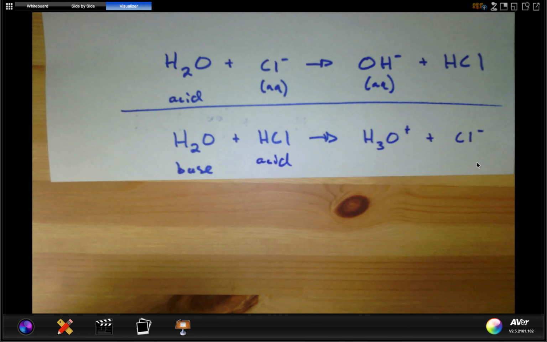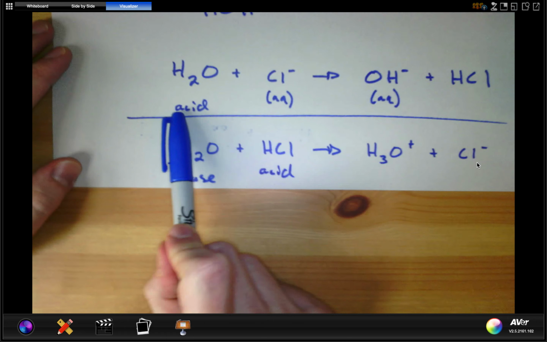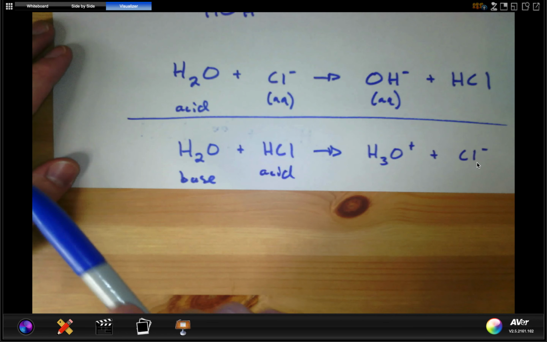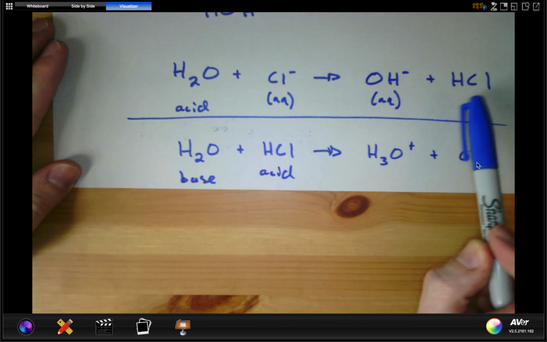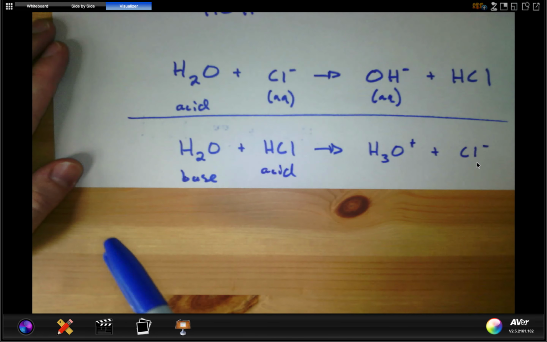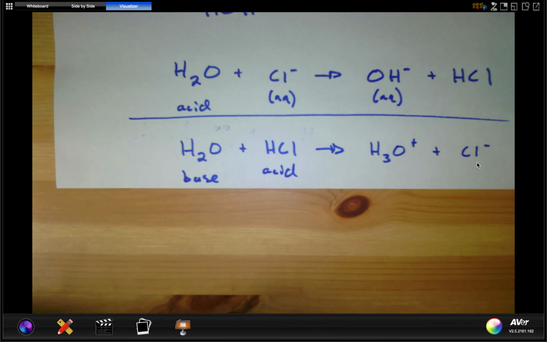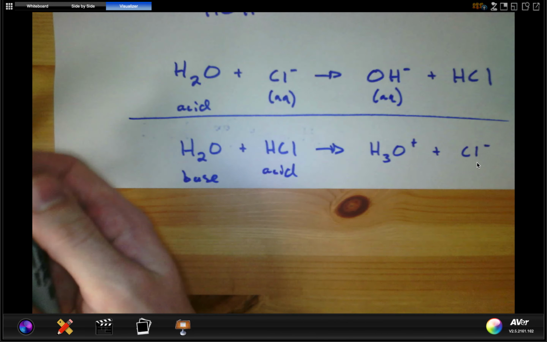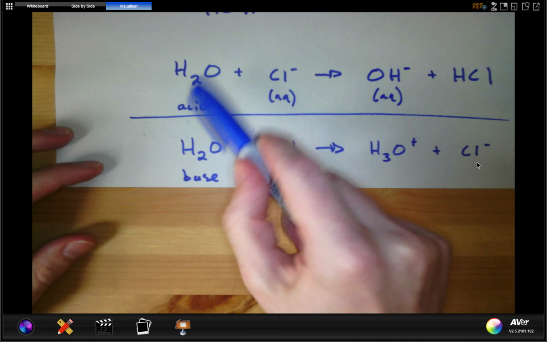Okay. All right, so in these reactions, water can be either. It depends on what it does when we're talking about Bronsted-Lowry. Bronsted-Lowry is all about, are you accepting a proton or H plus ion, or are you donating a proton or an H plus ion? Okay, so we can't just say, oh, water's an acid.